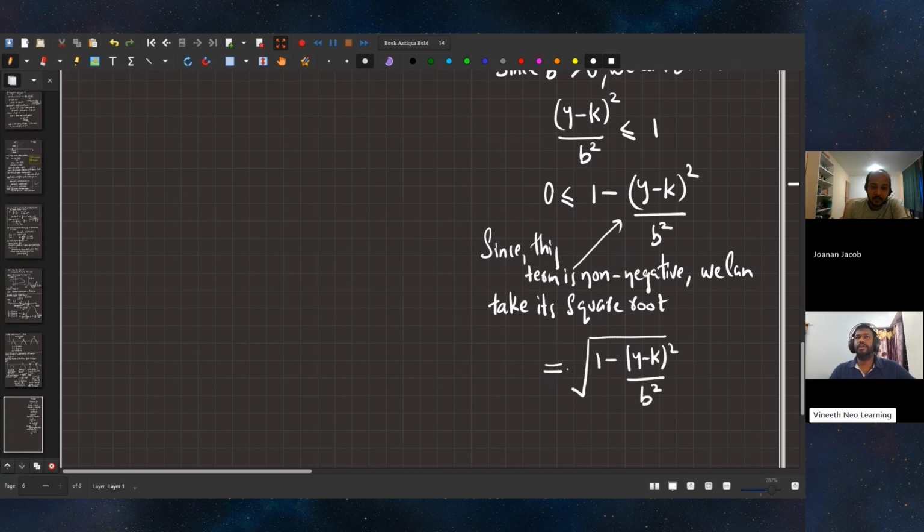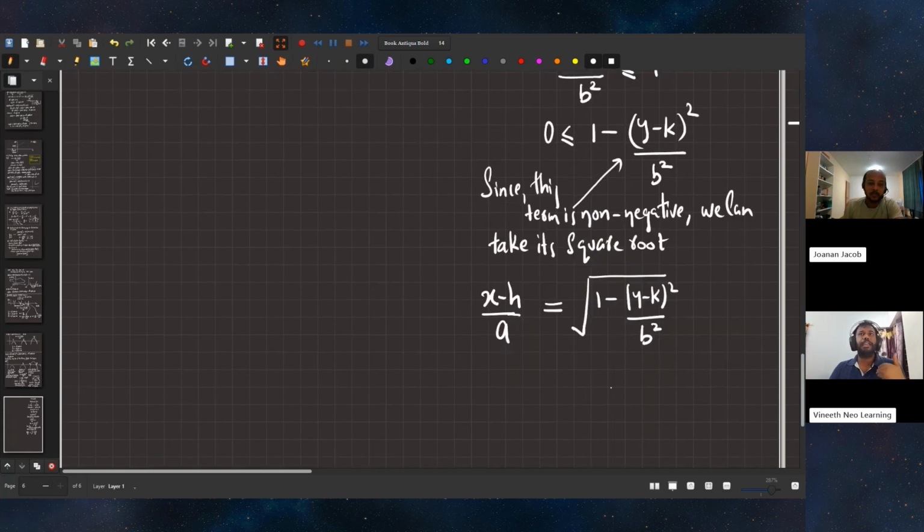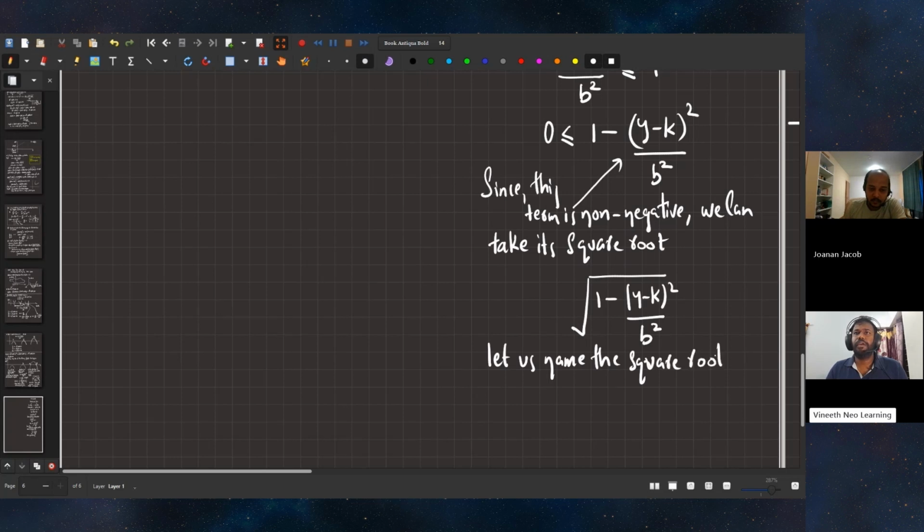Let me name that square root as (x minus h) over a. I will explain it. I'll write it here in case someone downloads the notes. Let us name the square root plus or minus (x minus h) over a.